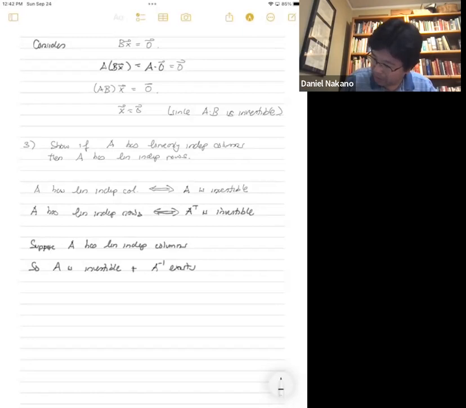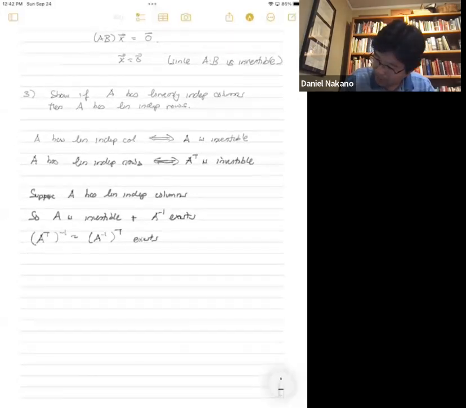And so we have that A transpose inverse is going to be equal to A inverse transpose. That's our little formula for the inverse of the transpose. And since A inverse exists, A inverse transpose exists too. We can form this.